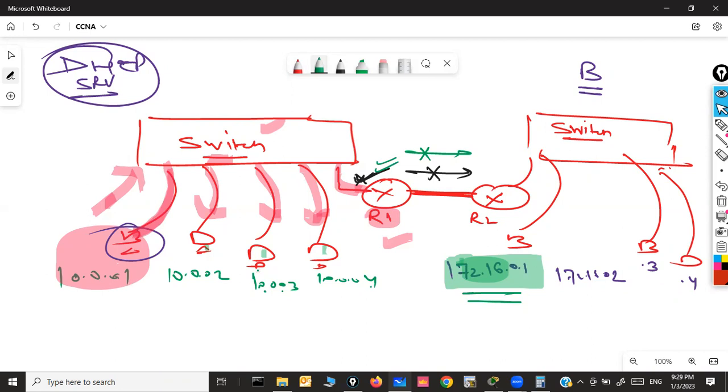So then what we do, we go one step ahead, we configure the router, we tell the router that yes, if you have any packet for this network address, coming from the LAN network, and the destination is any IP address from 172.16, then please do not discard it, send the packet to R2 over this link.